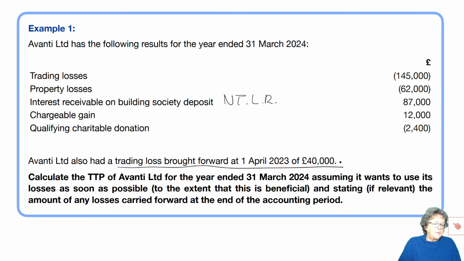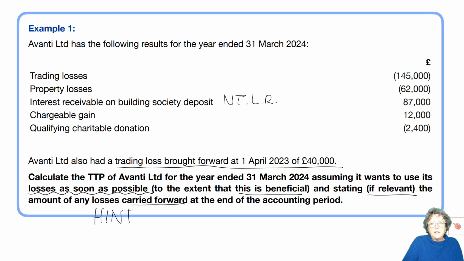That's all our information. Calculate the TTP for Avanti for the year ended 31st of March 2024, assuming it wants to use its losses as soon as possible. That's your hint. To the extent it is beneficial. Stating, if relevant, the amount of loss carried forward.